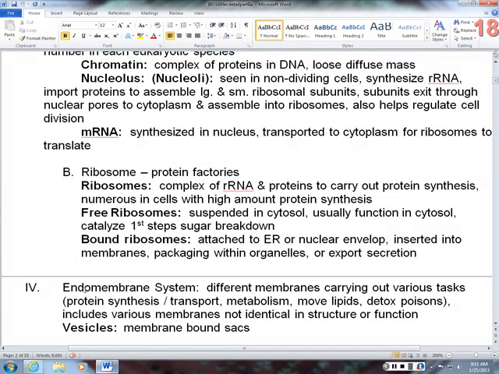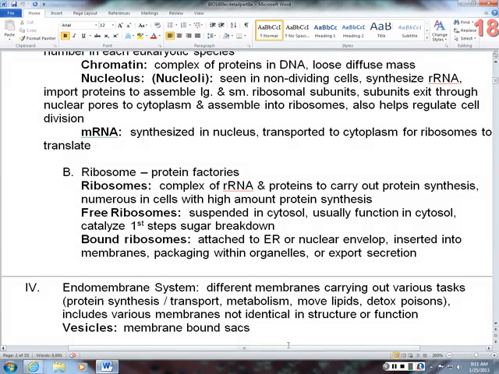The bound ribosomes are attached to your endoplasmic reticulum, which we abbreviate as ER. When things are going to be inserted into membranes, it will do packaging with the organelles and help to export secretions. So it gives it a membrane pathway to follow.